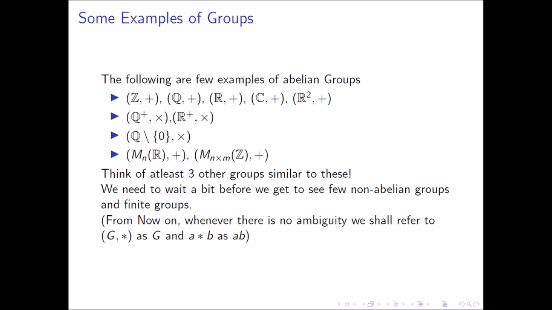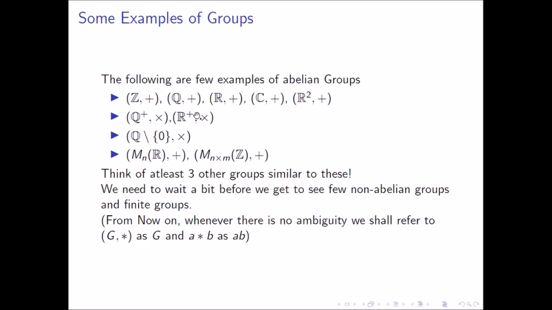Now let us look at some non-standard sets or some derived sets over here. M n cross n in R is the set of all n cross n matrices with matrix addition plus in reals. That's again a group, because if A is a matrix, then minus A turns out to be the inverse. The 0 matrix is the identity, and matrix addition is both closed and associative in the set of real matrices.